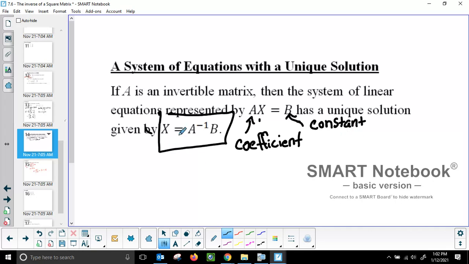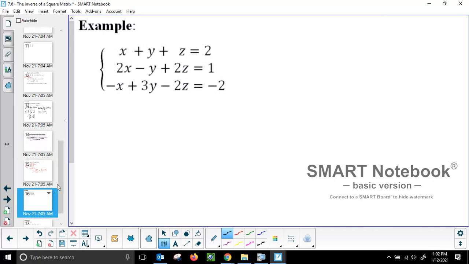Once we plug matrix A and matrix B into our calculator, we can just tell our calculator to do this, and it will give us all of our answers. Now, this is matrix X, but typically, if we're looking at a 3x3 system of equations, then matrix X would be like XYZ. If we're looking at a 4x4, it would be XYZW. We'll get to that here in a minute.